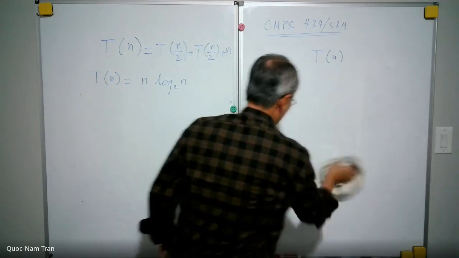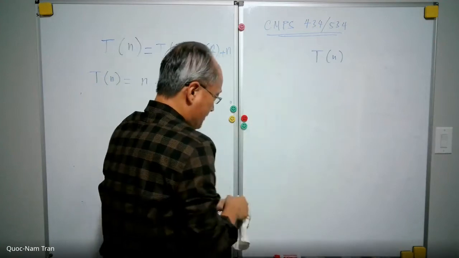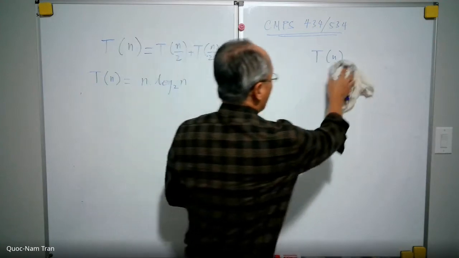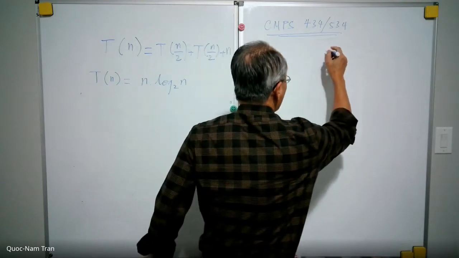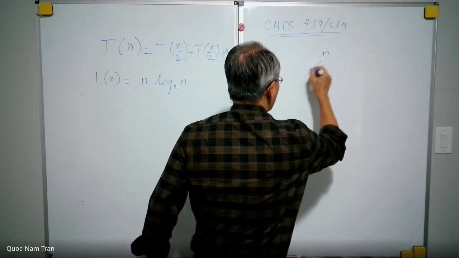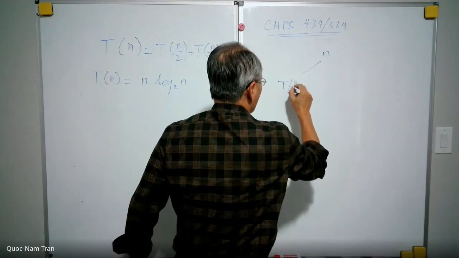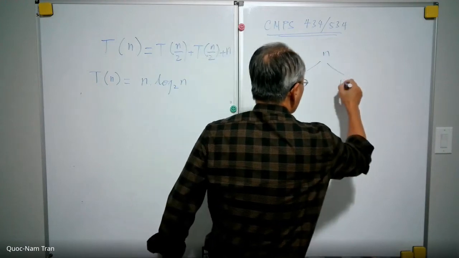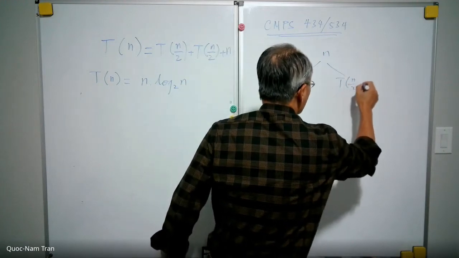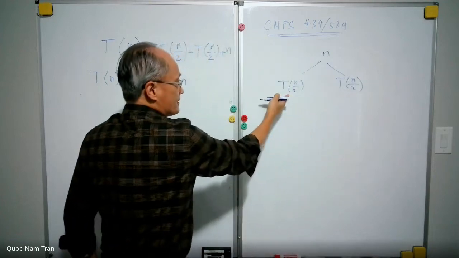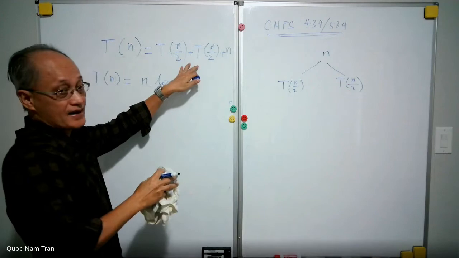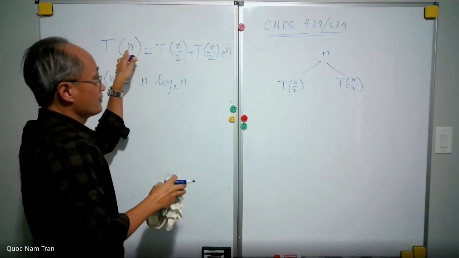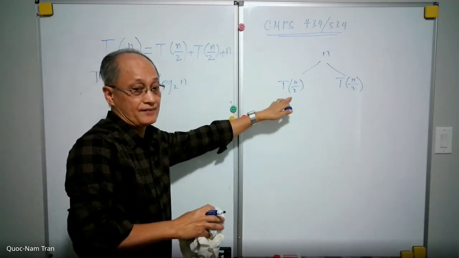So first, I will replace Tn by n, which is the extra cost, and then Tn/2, then Tn/2. And then I will replace this one with the right-hand side here, where n is replaced by n/2, right?